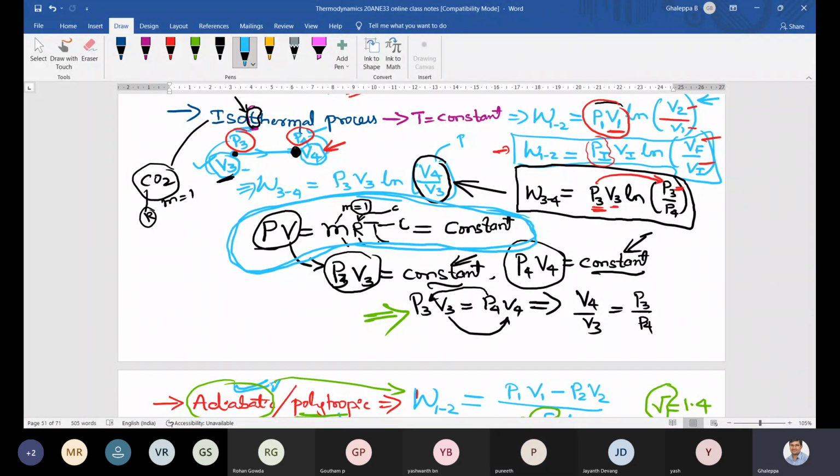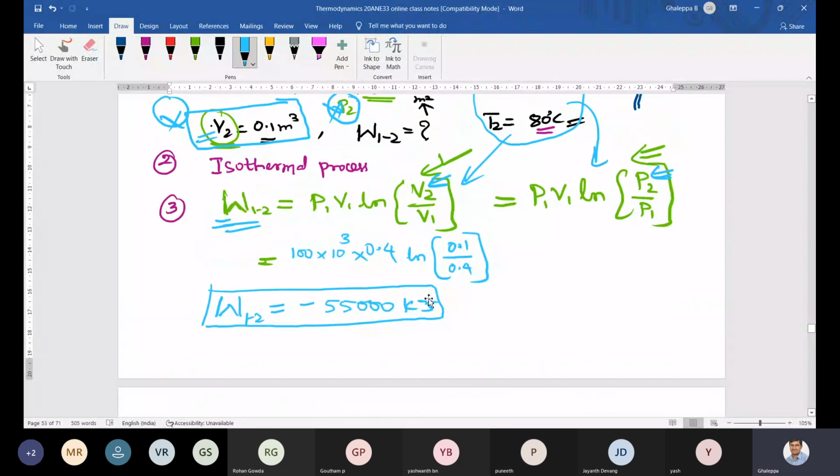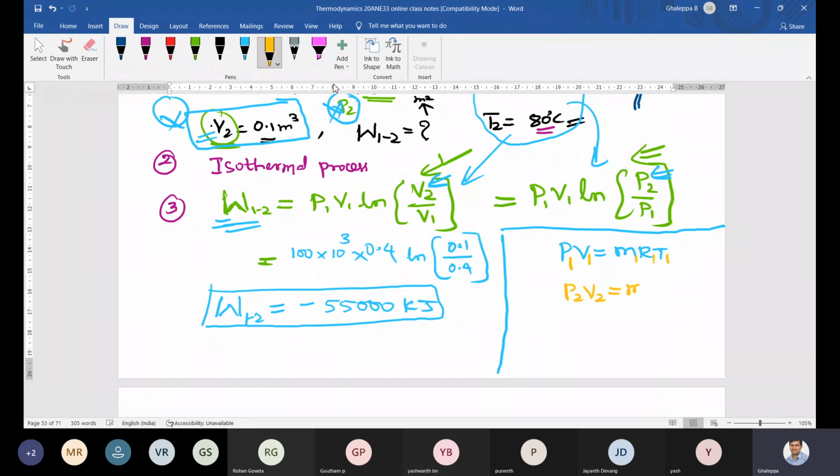So let me write here. This is a second method to solve the same numerical. PV is equal to mRT. At the initial point, P1 V1 is equal to m1 R1 T1. At the final point, P2 V2 is equal to m2 R2 T2. The values of m, R and T are constant: T is also 80 degrees, m is 1, and R is constant for air.